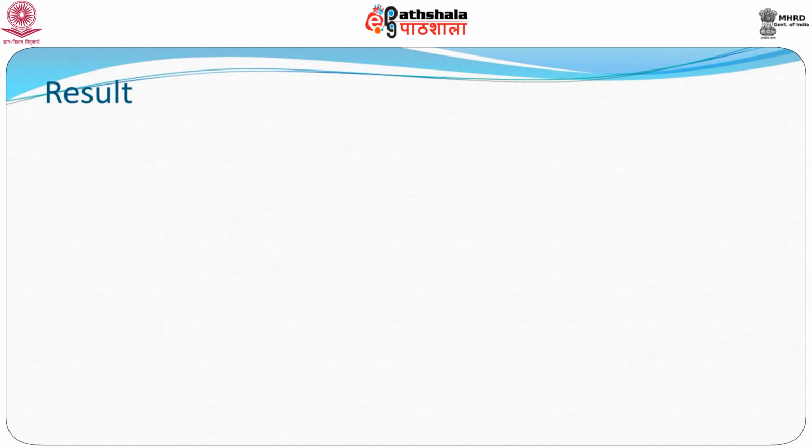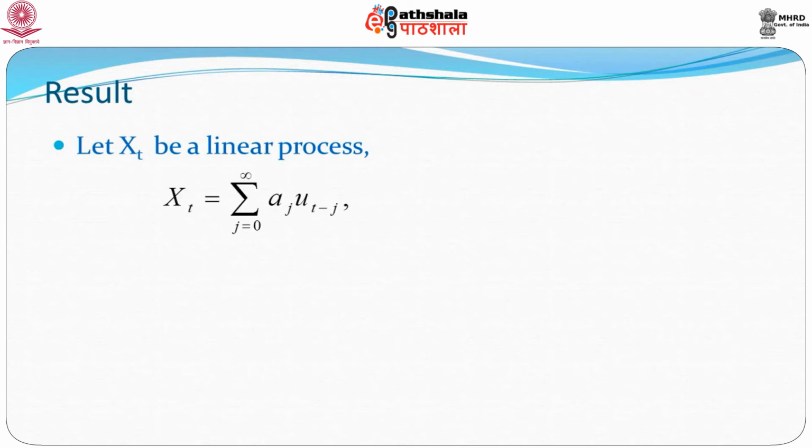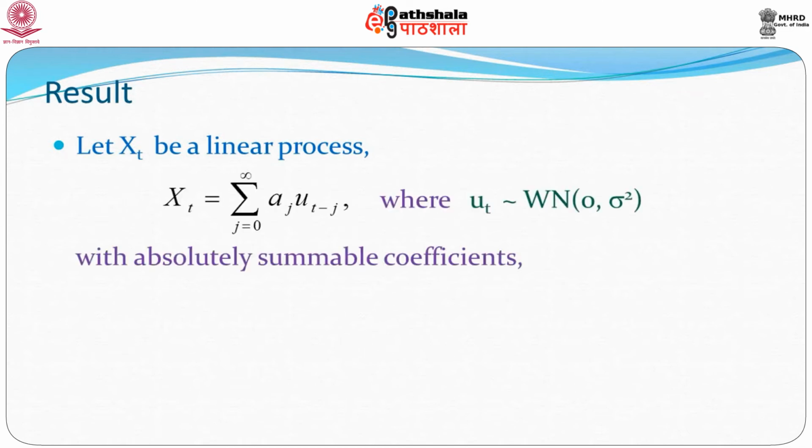Let us look at a result that we have. Let x_t be a linear process. So, x_t can be written in terms of u_t's as x_t equal to the summation j equal to 0 to infinity a_j u_{t-j}, where u_t's are white noise with 0 mean and variance sigma square, and these are absolutely summable coefficients.